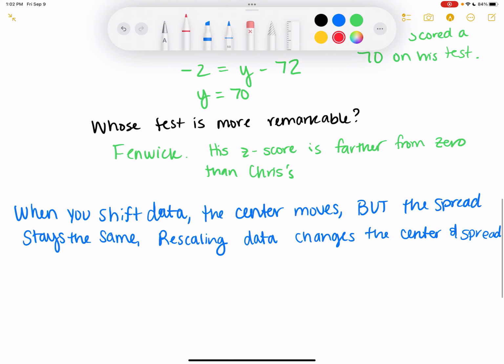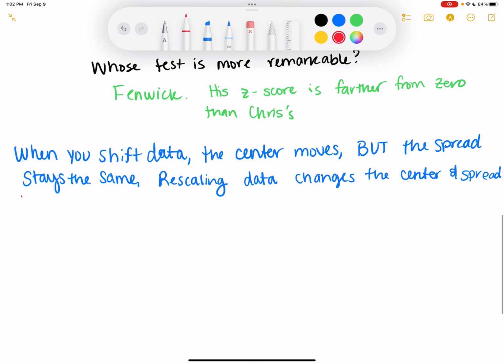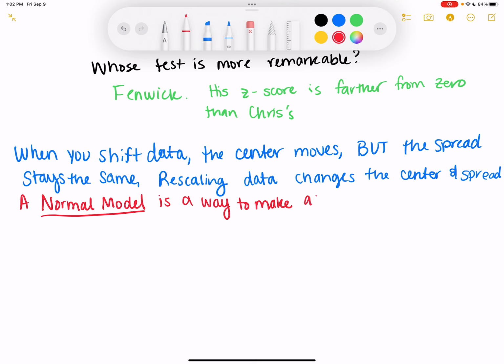All right. Next thing, a normal model is a way to make assumptions about our distribution based on the shape of the distribution.